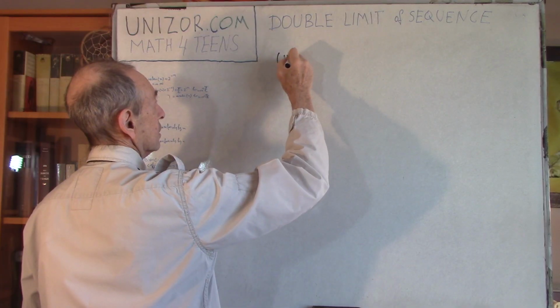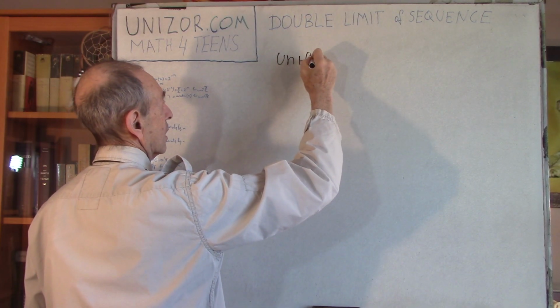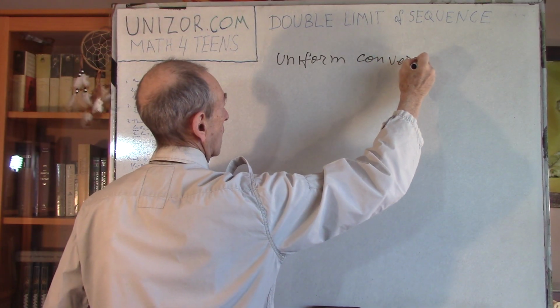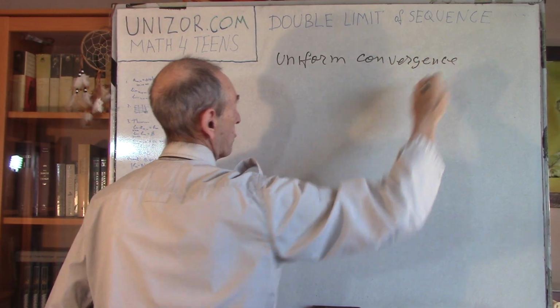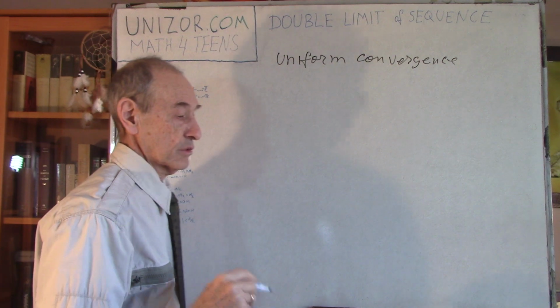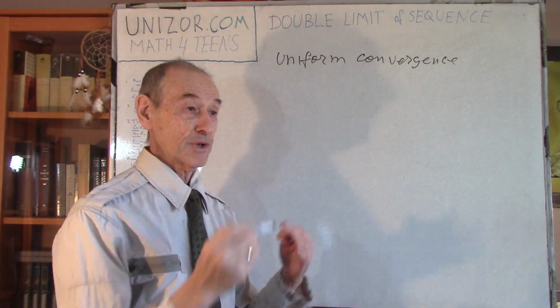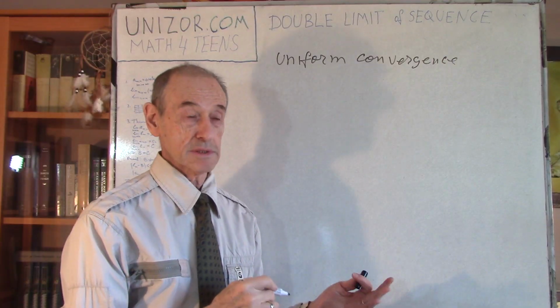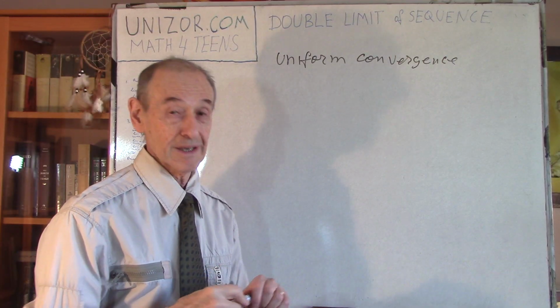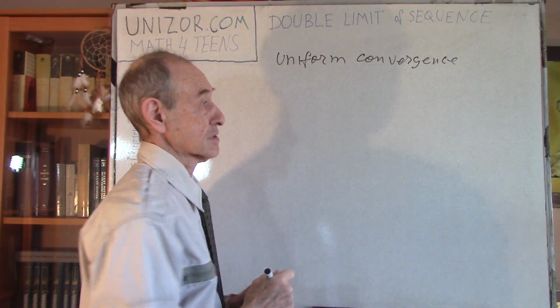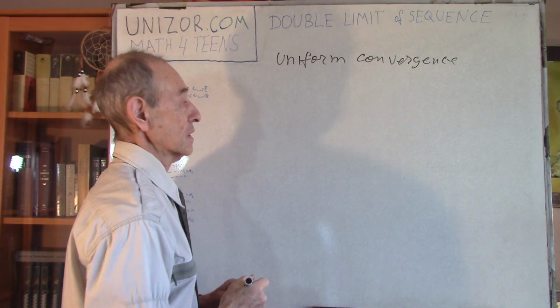It's called uniform convergence. Well, you don't need this for a sequence of one index, but if you have a double index, you do need something more than just convergence. You need uniform convergence. And here is what it means.